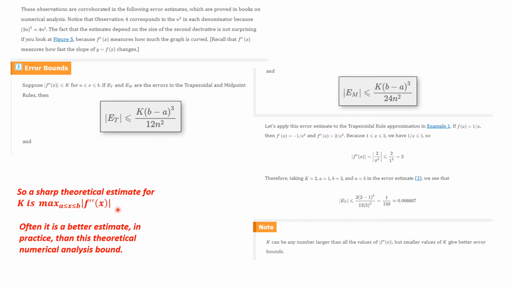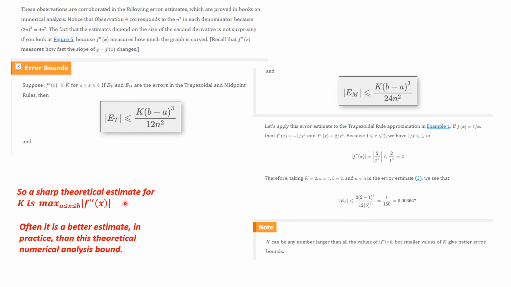Now, what happens in the theory, for a general f, is that K is going to be greater than or equal to the max, where you let x run from a to b, of the absolute value of f double prime of x.